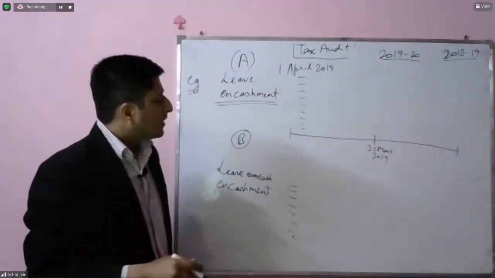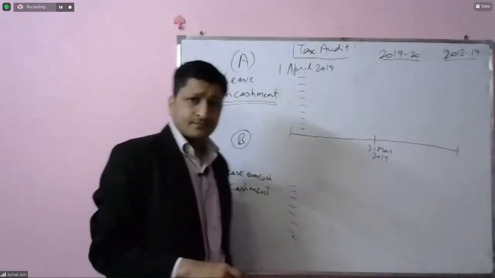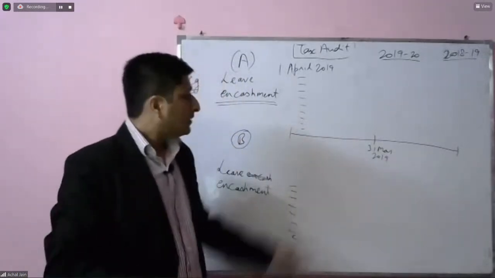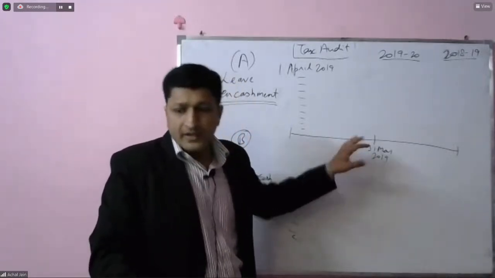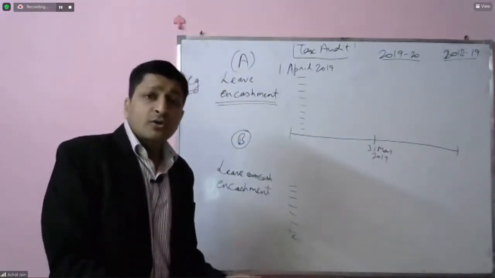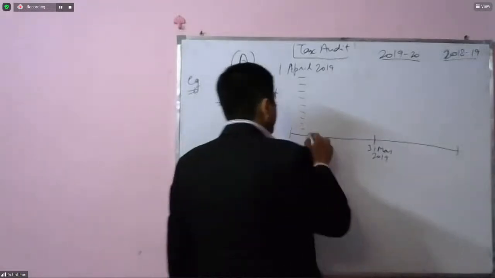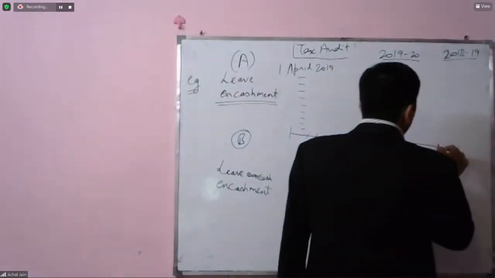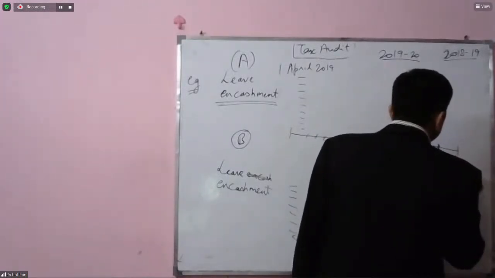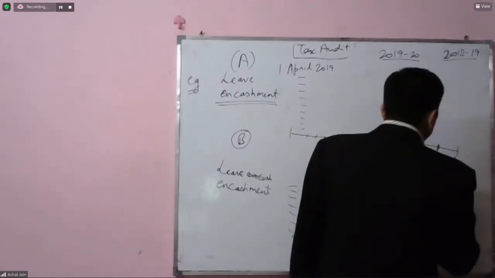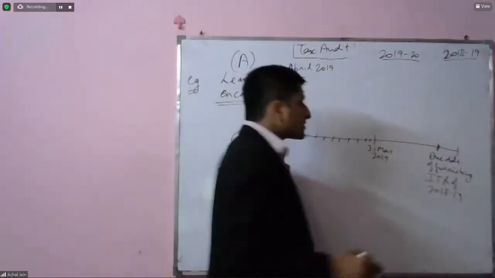Definitely these liabilities are outstanding over here. But these liabilities were not only outstanding on 31st March 19. They were also not allowed in the assessment of preceding previous year. Means they were not paid up to the due date of furnishing ITR of 2018-19. So let's suppose that date was 31st of October.